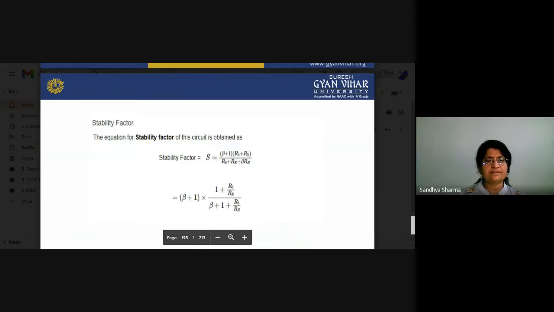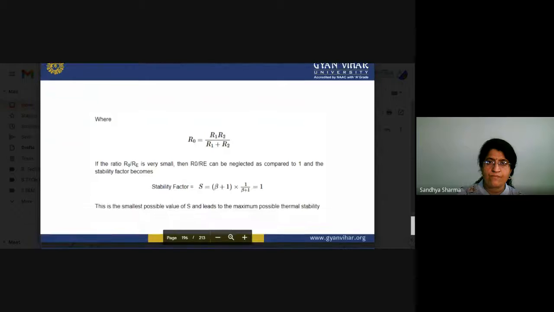The equation for the stability factor of this circuit is obtained as S equal to beta plus 1 times R0 plus RE upon R0 plus RE plus beta times RE. So that is equal to this one. R0 is equal to R1 R2 upon R1 plus R2.